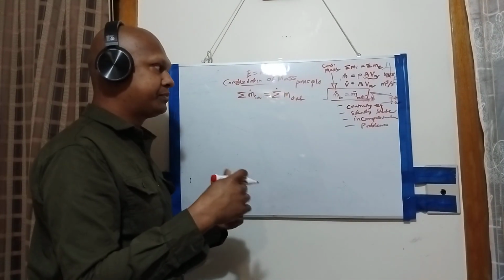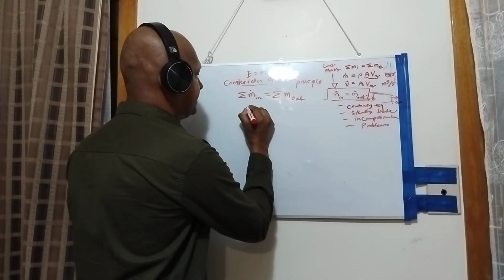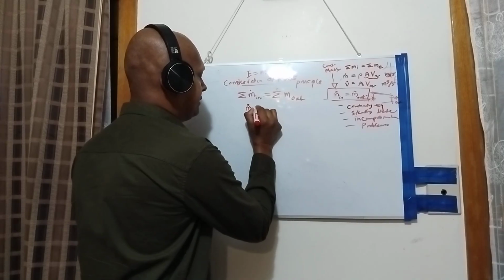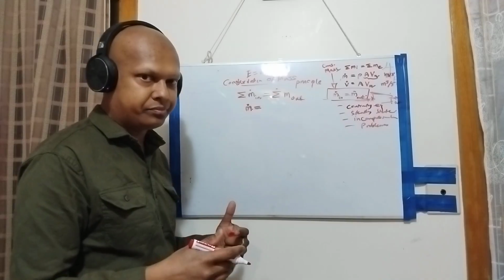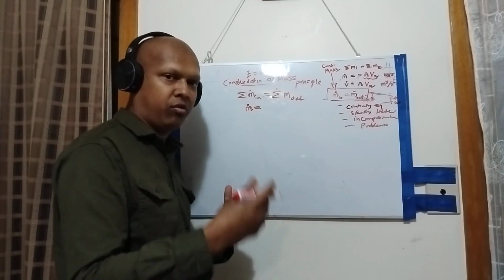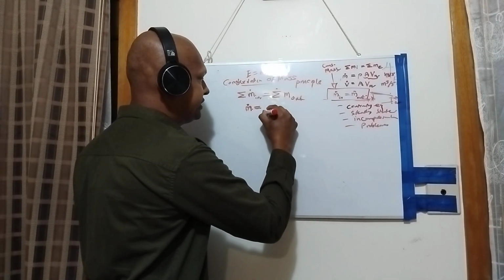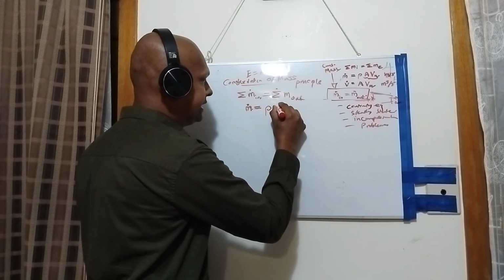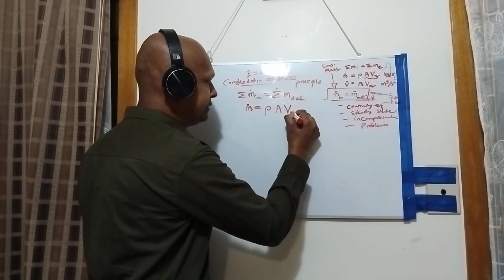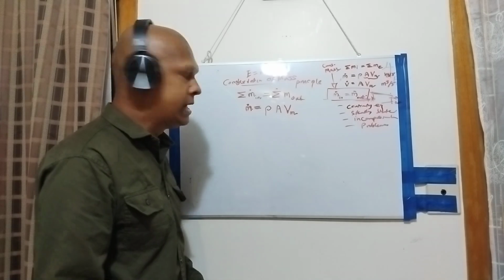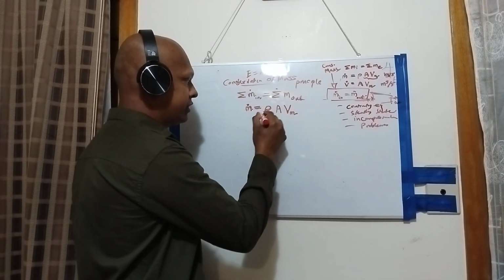So now we further discussed the mass flow rate as the amount of flow in a unit time, which is the equation rho times A times V. The V is the mean velocity, and the rho is the density of the fluid.